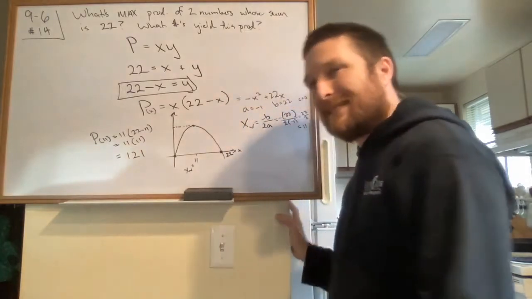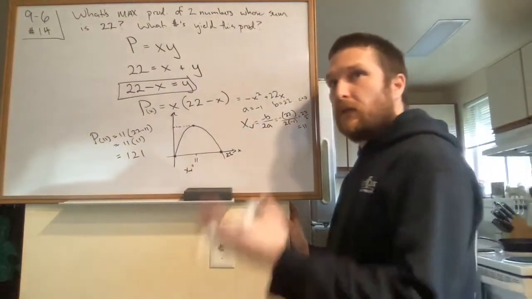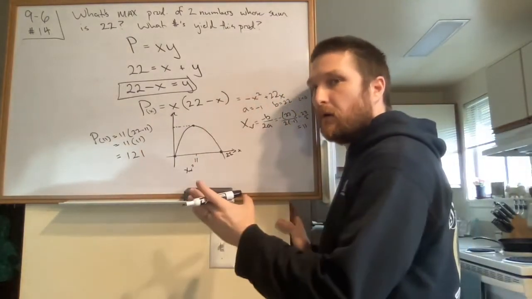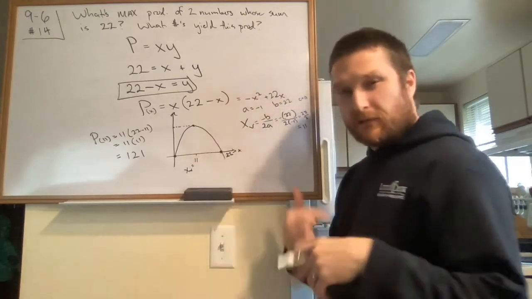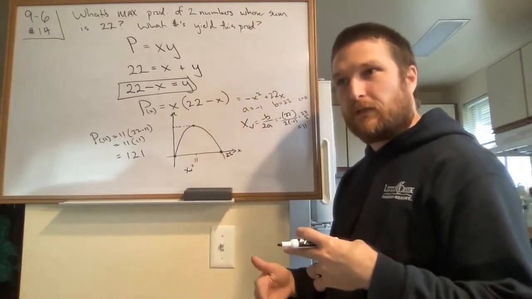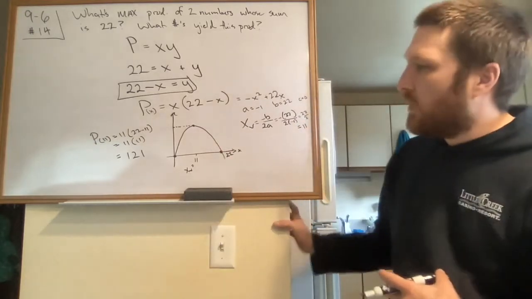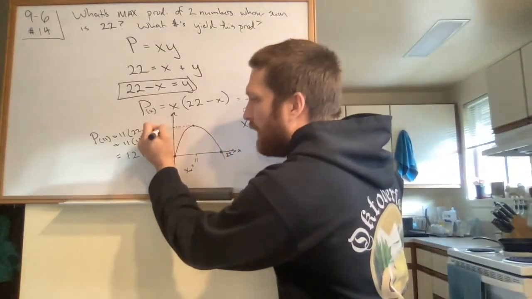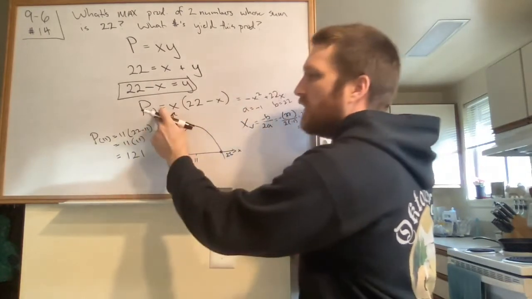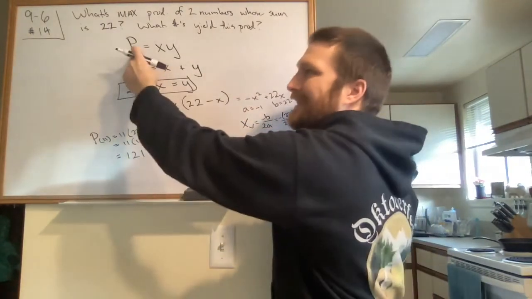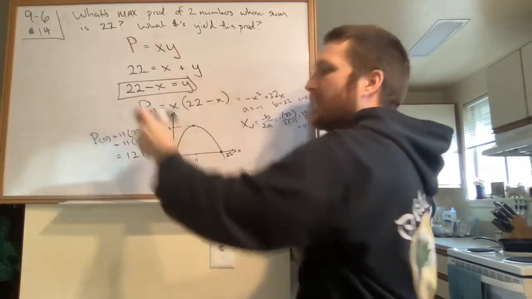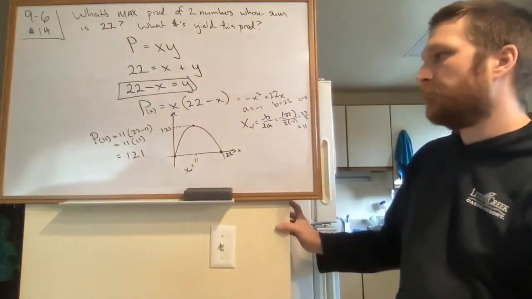Right, 11 times 10 would be 110, plus 11 should be 121. Yeah, okay, there you go. So the max output that this function can give me, the max that the product could be, is 121.